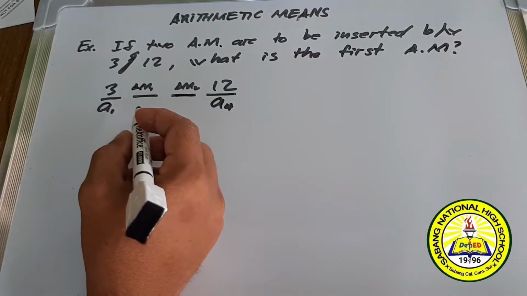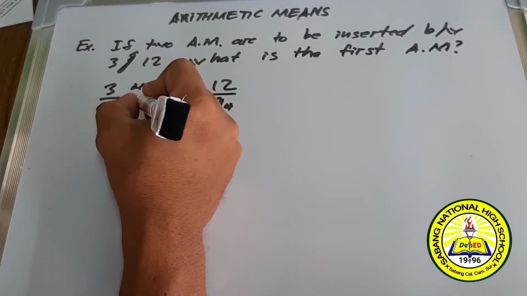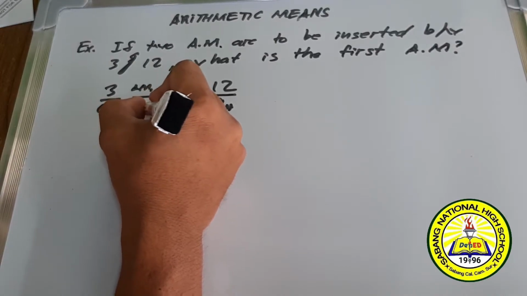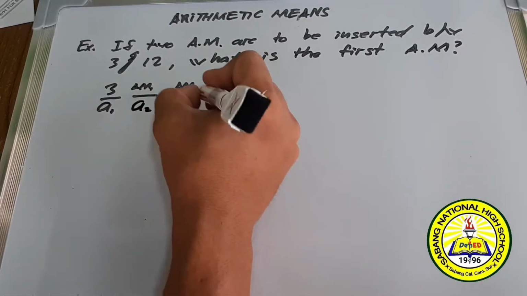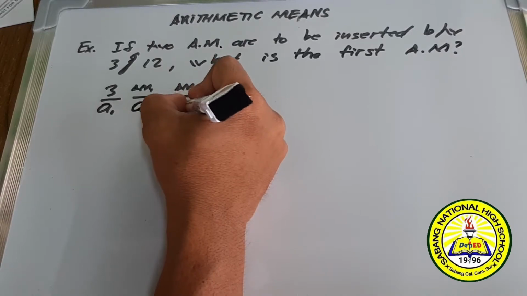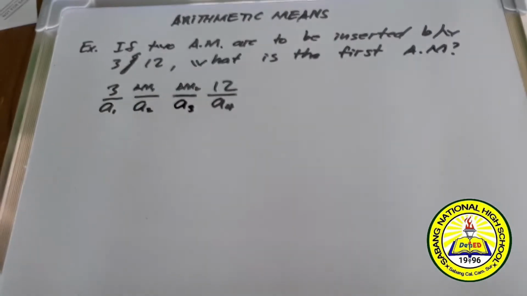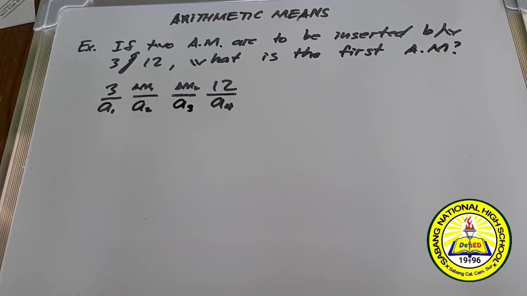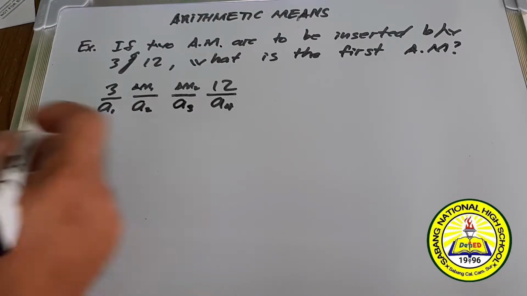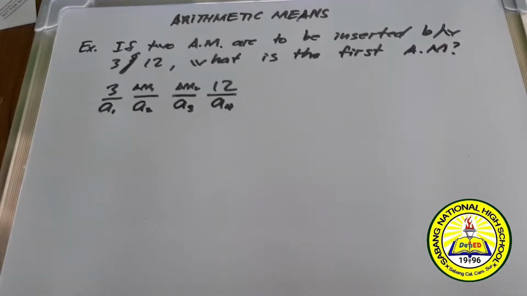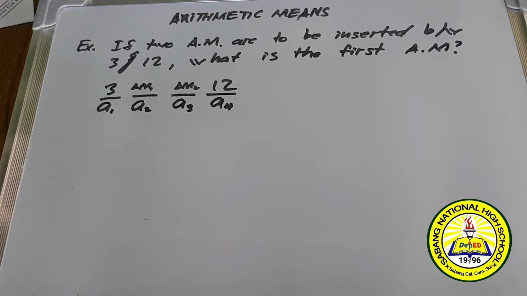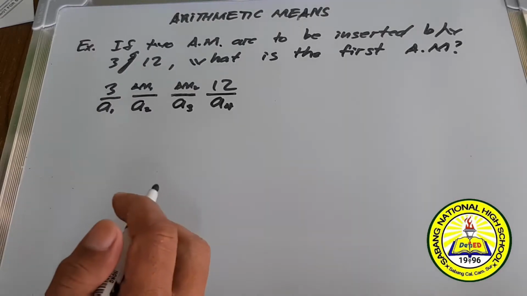Thus, this implies that the first arithmetic mean will become the second term, and the second arithmetic mean will become the third term. So we are going to deal mostly with the second term, because that is what is being asked in the problem. To find the second term of this sequence, or the first arithmetic mean, we are going to go back to the formula of an arithmetic sequence.